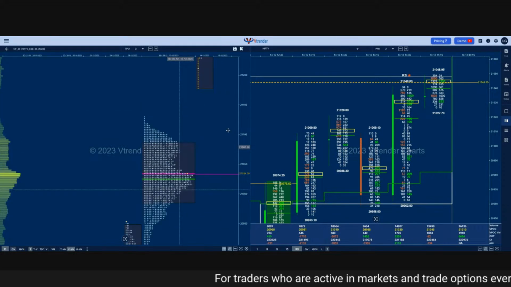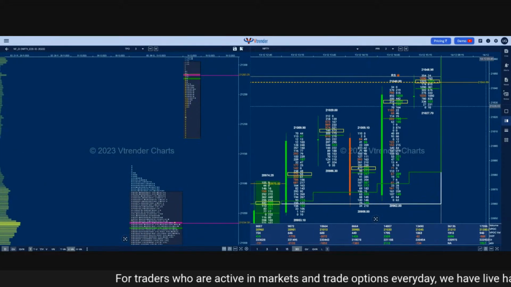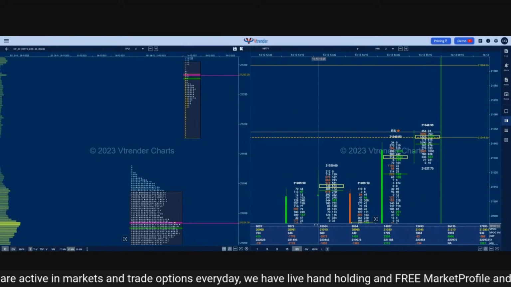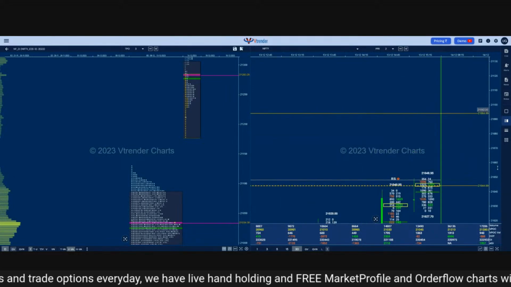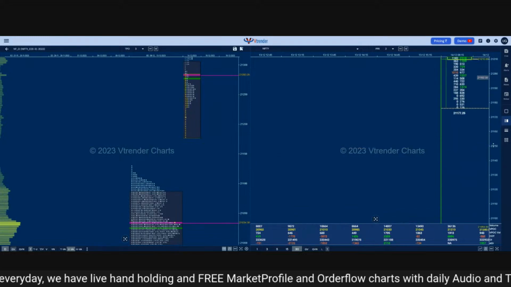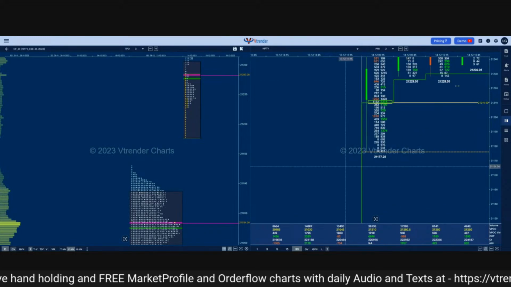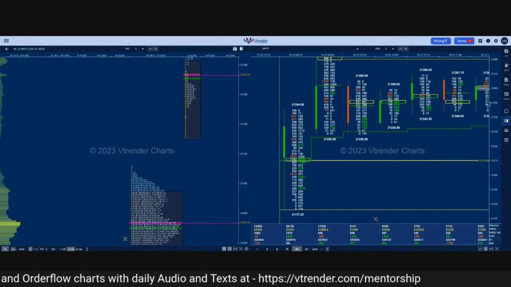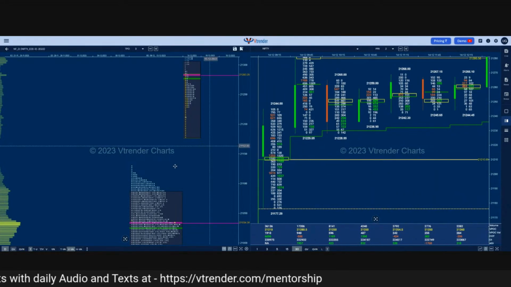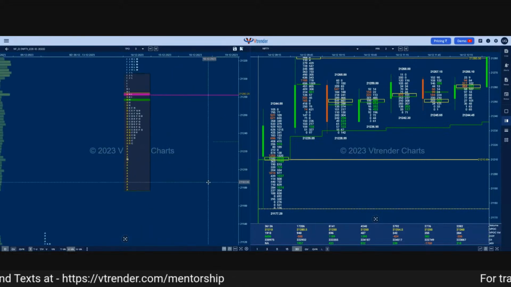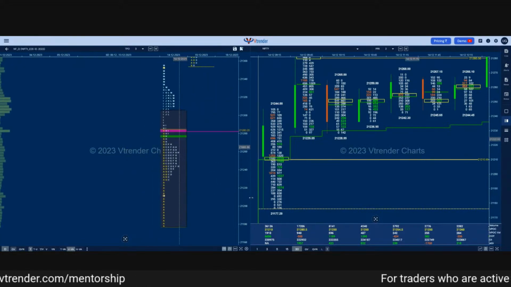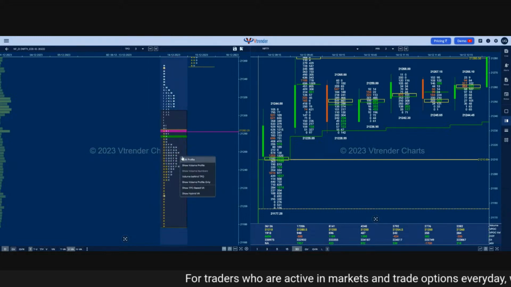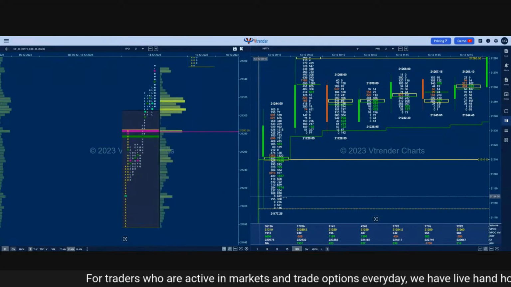So what happened on the 14th was we opened with a gap up, and it was not at all surprising considering the amount of buying we had seen the previous day into the close. Even on this day, the 14th of December, I'll zoom in on the profile.